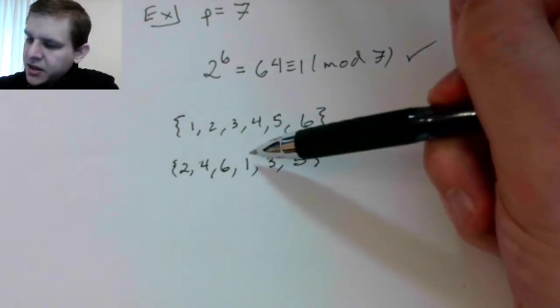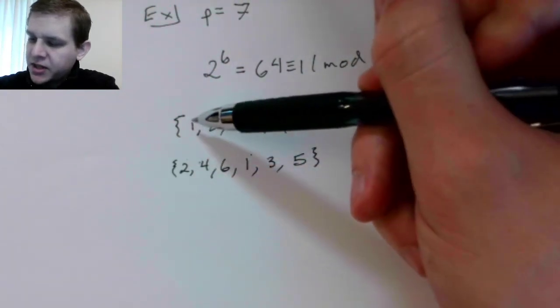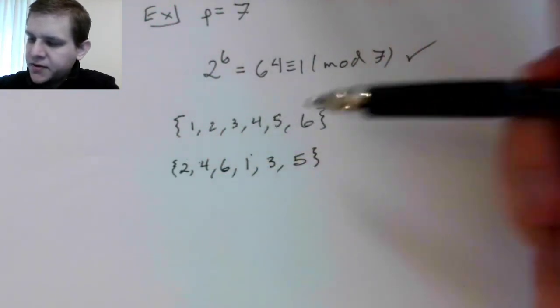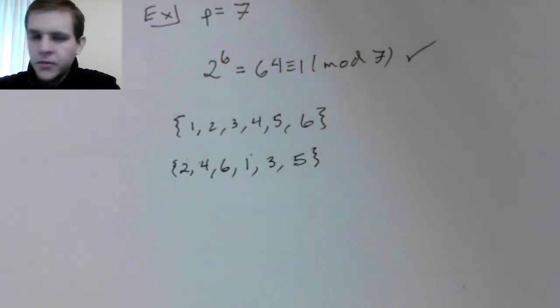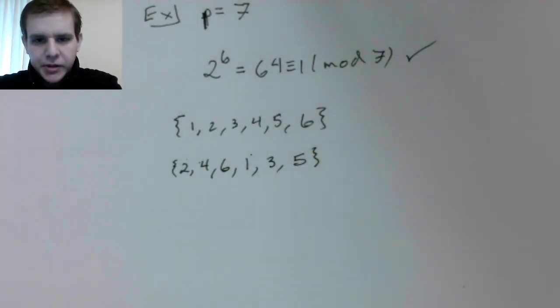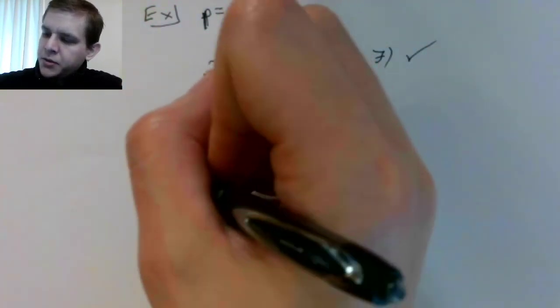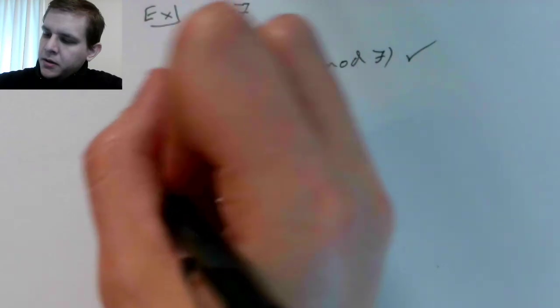And you can see that the list 1, 2, 3, 4, 5, 6 is the same as the list of numbers 1, 2, 3, 4, 5, 6. So I hope this gives some intuition as to why this works. So I multiply by 2 to get from here to here.